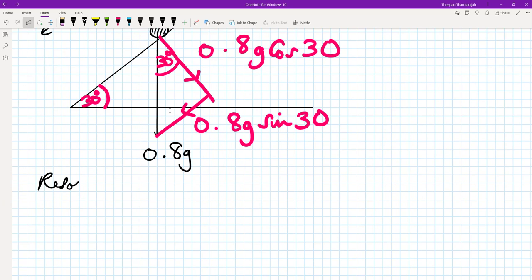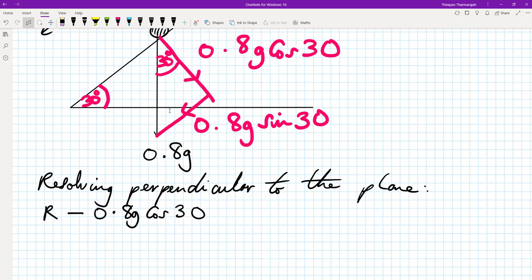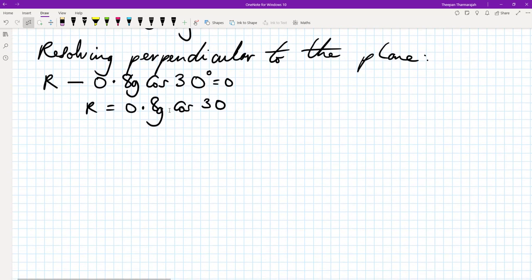So I'm going to start off by resolving perpendicular to the plane. So we're going to say R minus 0.8 g cos 30 degrees equals 0. So we can say R is 0.8 g cos 30. Now we're going to resolve parallel to the plane.